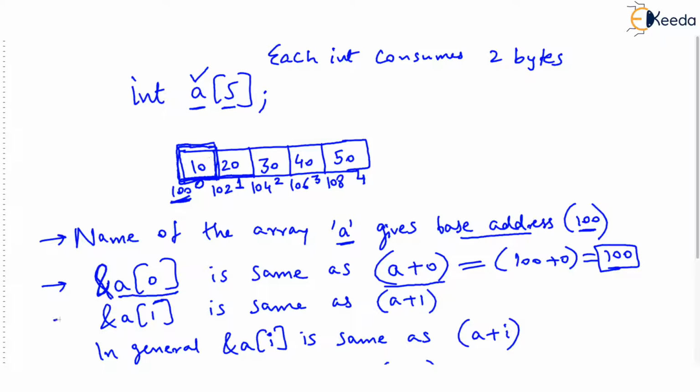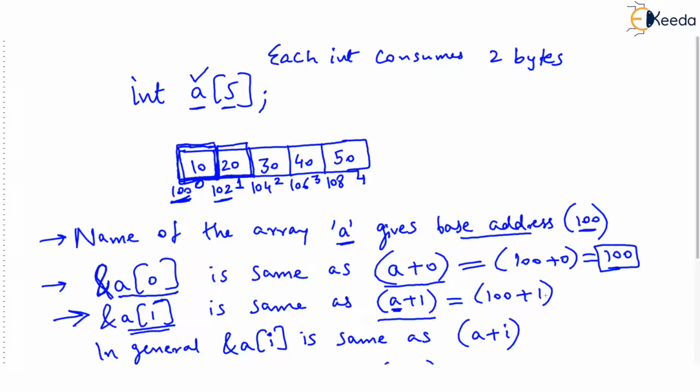But then what is ampersand A1? We want address of A1. That means we want address of this element number 1, which is 102. So if you write ampersand and whose address you want, A1, you will get 102. But writing this is same as A plus 1. Now you know that A is 100, the base address. Name of the array itself is the base address and you are adding 1 to it.